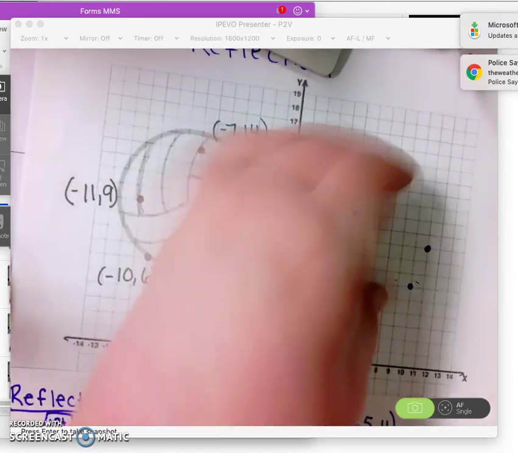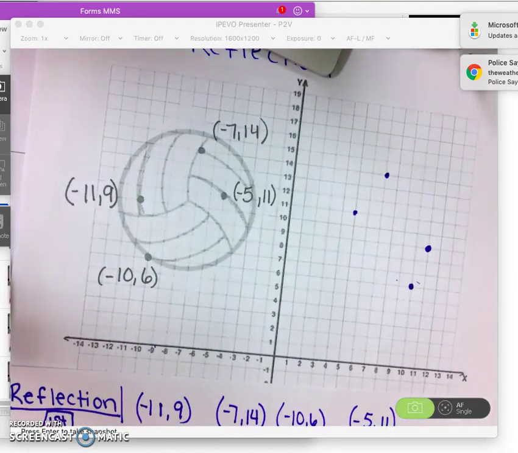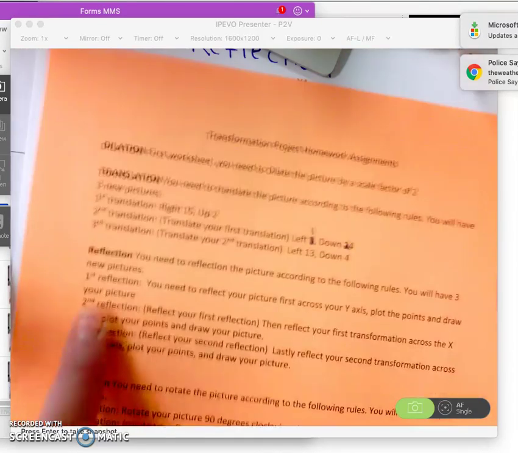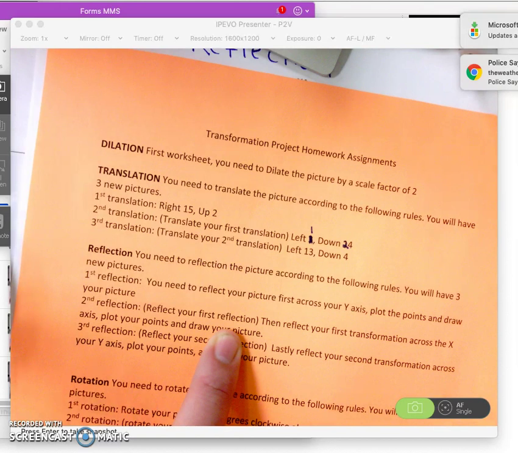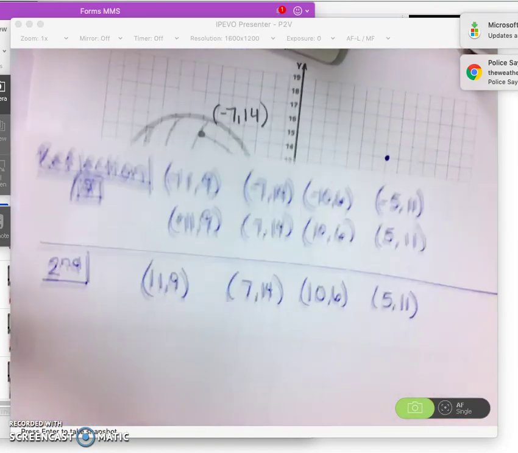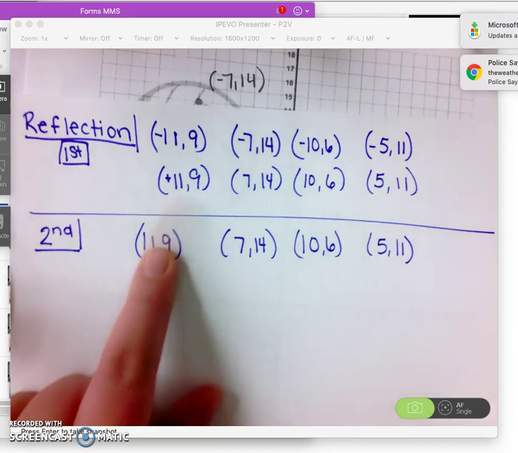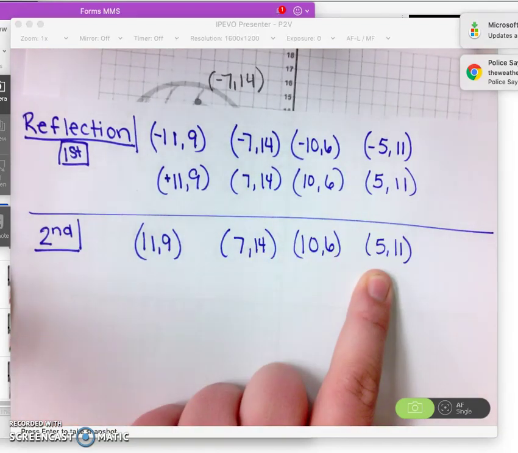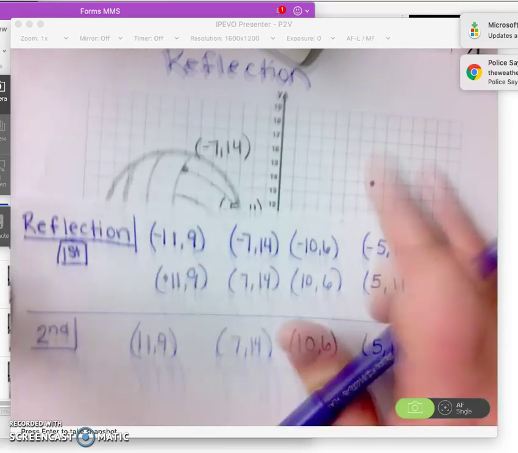Now the next one is we are reflecting our first reflection across our x-axis. So reflect your first reflection. That means these points right here, and then you're going to reflect those ones across. So I just rewrote my numbers, or my points, and now I'm going across my x.